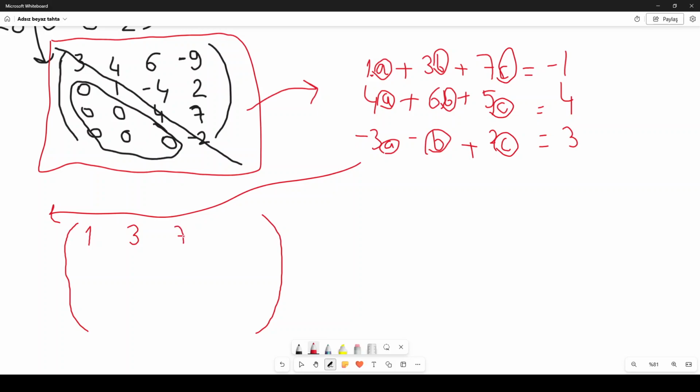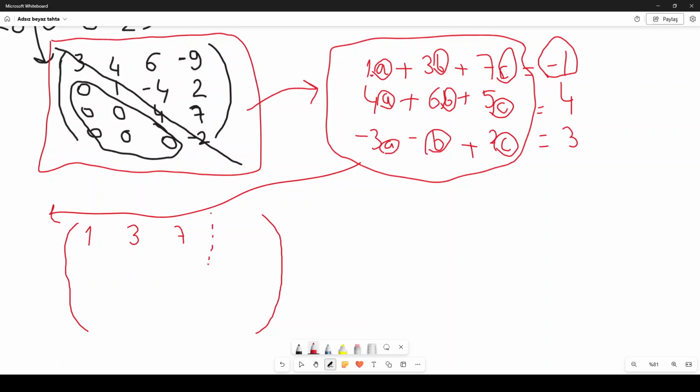But so far, I just write the coefficients of the unknown variables on the left hand side, and only for the first equation, for the timing, but I will continue for the other equations as well. But there is one thing missing, the value on the right hand side, and I don't forget it.